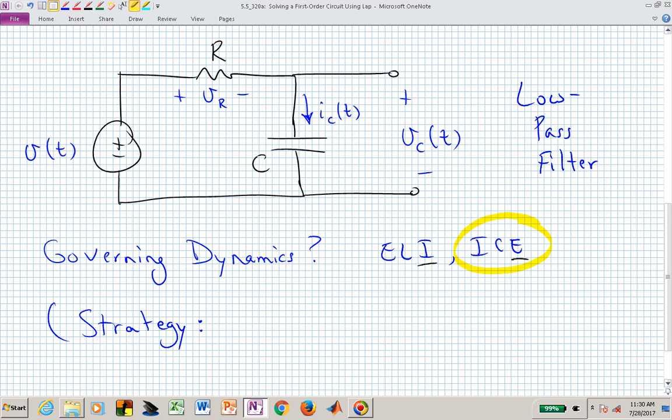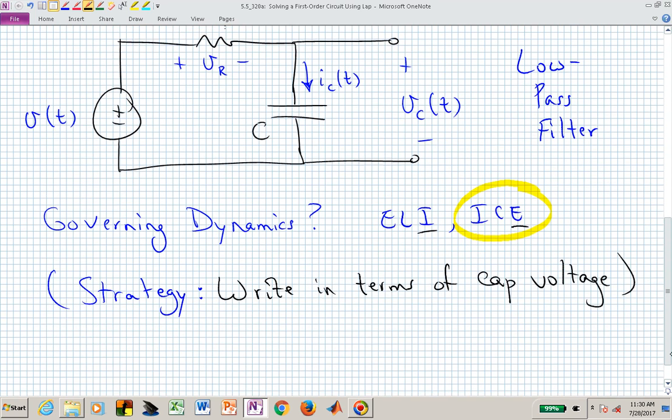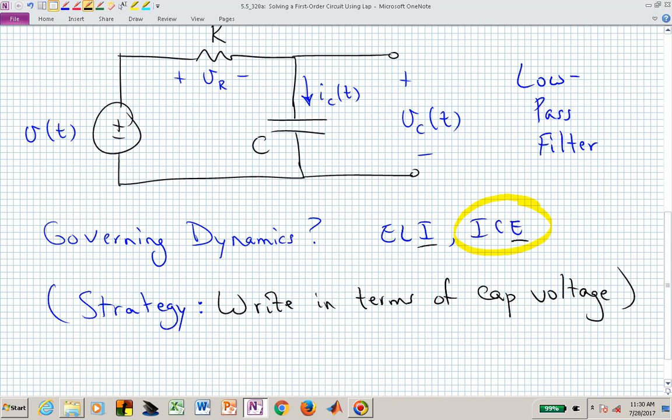We want to now probably in our strategy focus on E, or the voltage, or write our differential equations in terms of the capacitor voltage, and that will usually allow us a cleaner way of coming up with the differential equations.